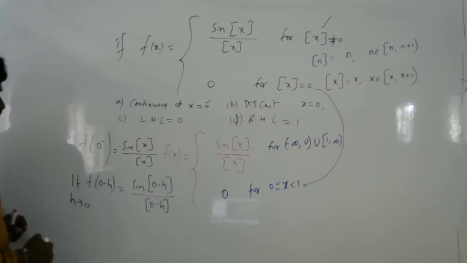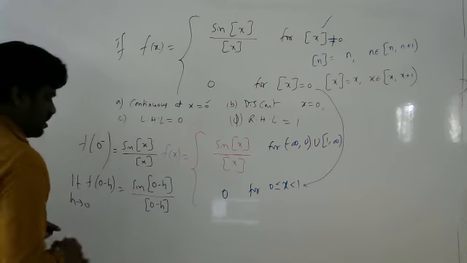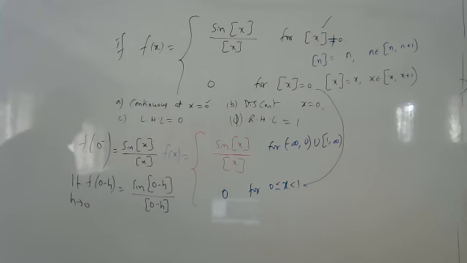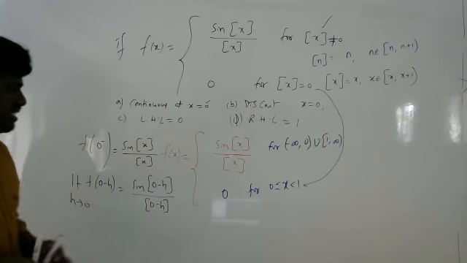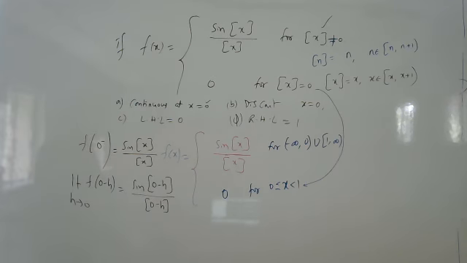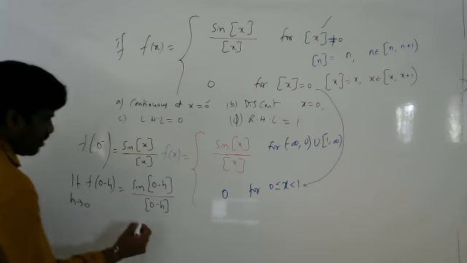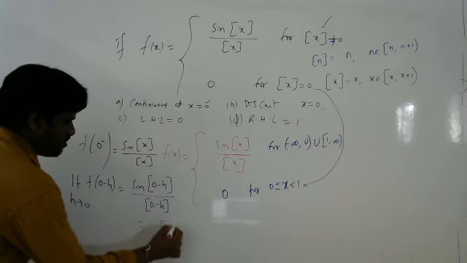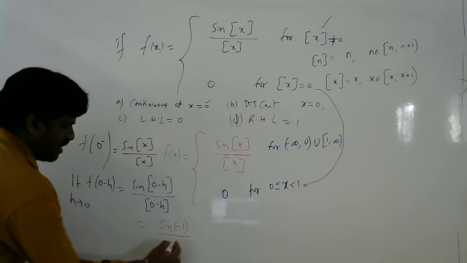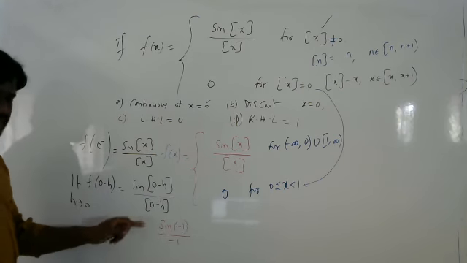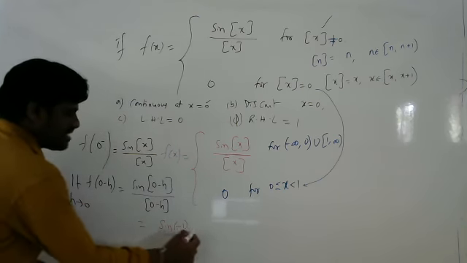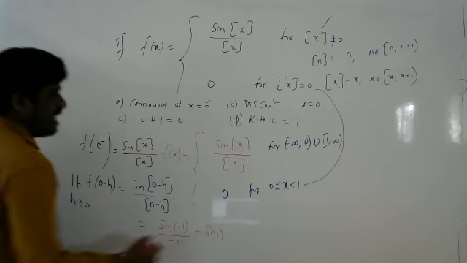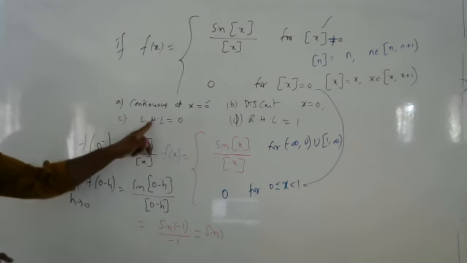Greatest integer of 0 minus h is how much? Minus 1. Very good. Sine of minus 1 upon minus 1, so I get sine 1. Means LHL I got sine 1. But here LHL is given as 0.